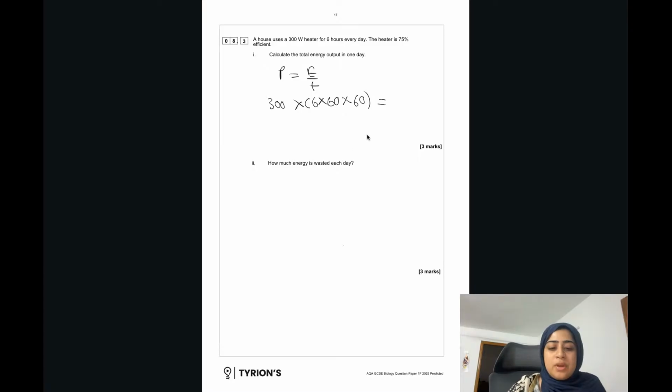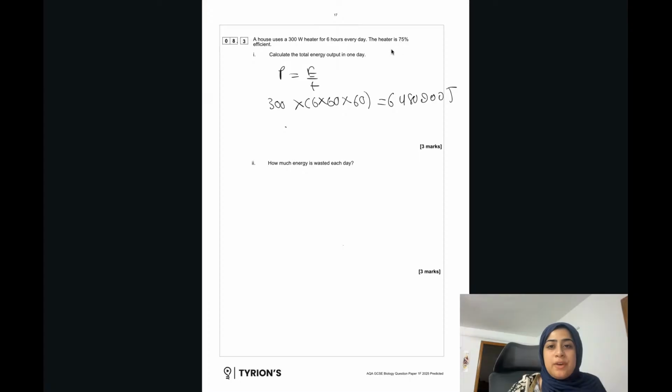Okay, so that's 6,480,000 joules. And then efficiency is the useful over total. So what's the useful?